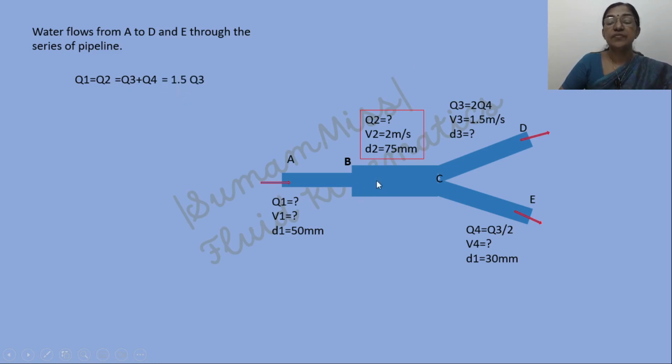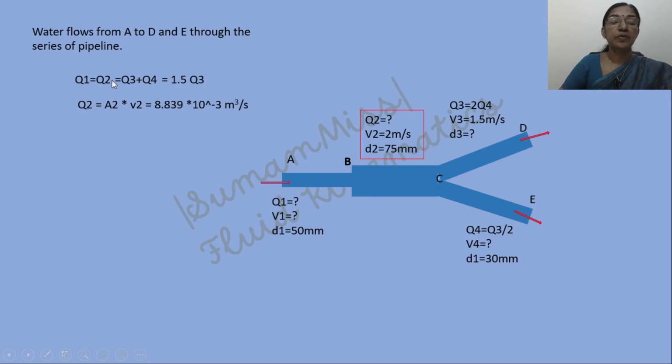Now, in this figure, for the pipe segment BC, velocity and diameter are given. So the expression for discharge is Q equal to AV. A can be calculated here and velocity is available, so the discharge through the pipe segment BC can be calculated, which is equal to 8.839 into 10 raised to minus 3 meter cube per second.